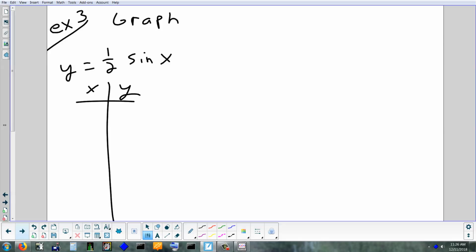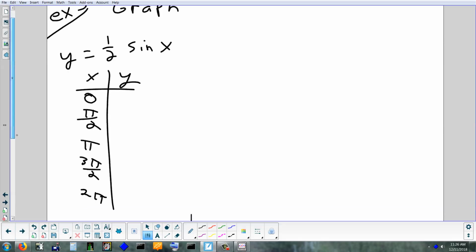All right, so when we're stretching vertically, that affects the y values. X's stay the same. So that's what we start with. And Jacob, what are my original y values for sine?